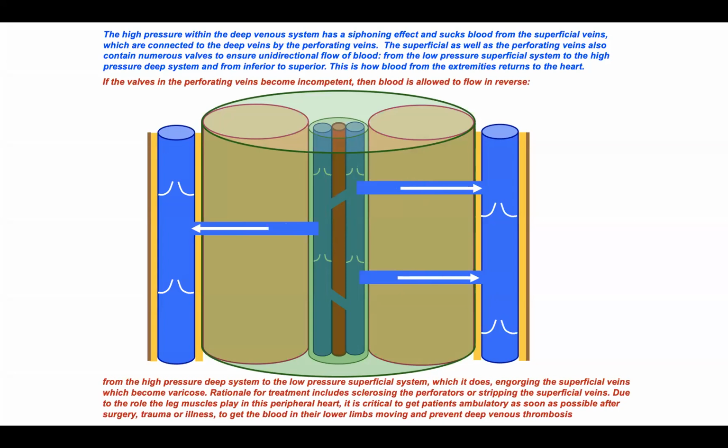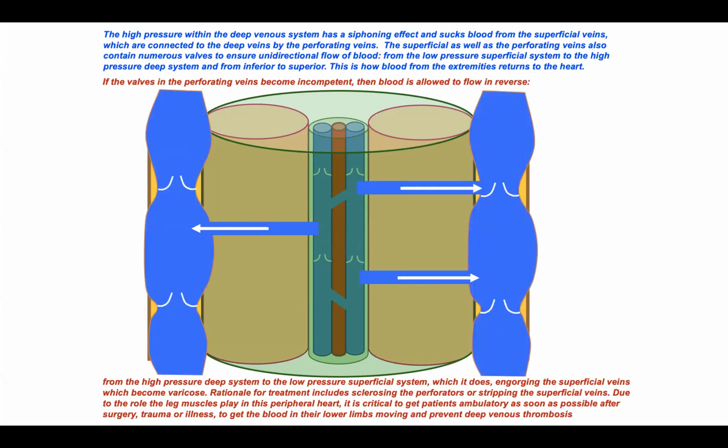The blood which has reached my deep veins is now pushed outwards. As a result, too much blood is coming, and my superficial veins become dilated. With each contraction, blood is poured into the superficial veins, and that is a problem.